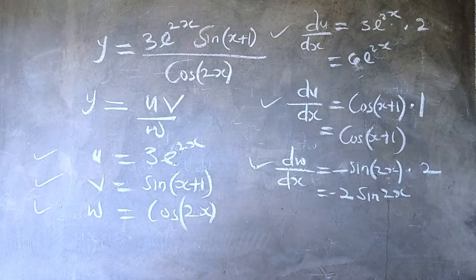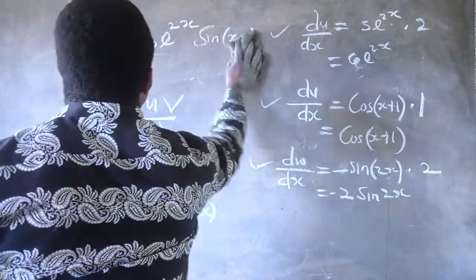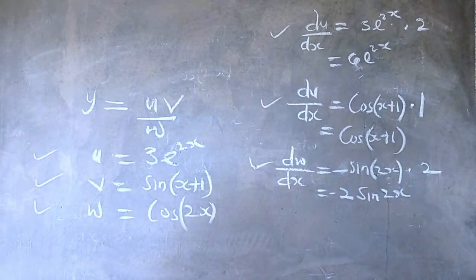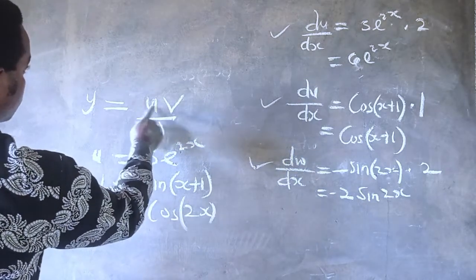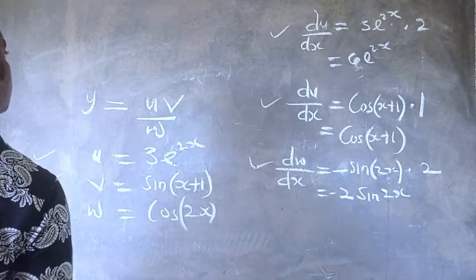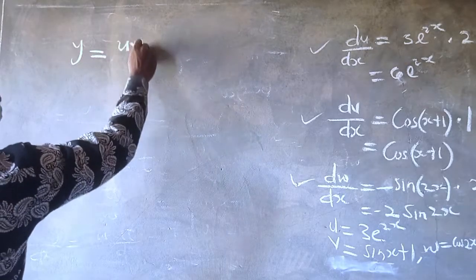So we have all these values. Now to solve this problem, it is important that we convert it into a form that will be much easier for us to solve. Look at the numerator, we have a product up there, and in the same problem we have a quotient.